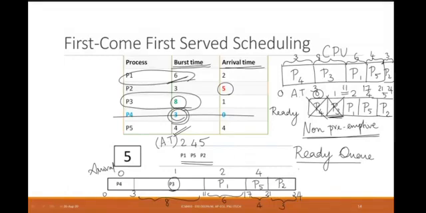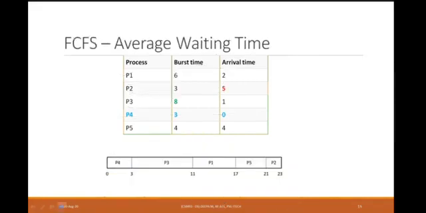So anyways, we'll try to make it as good as possible. So whichever process comes first, we put it into the CPU, and it will complete its execution and then go to the completed state. All of you are clear? Sorry, this is 24. Yeah.